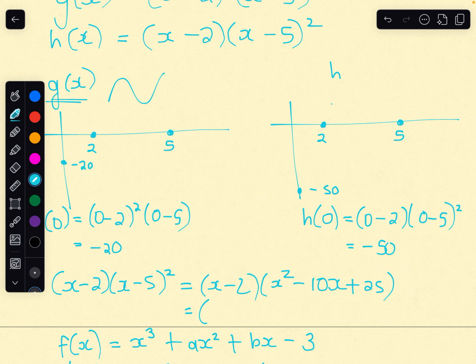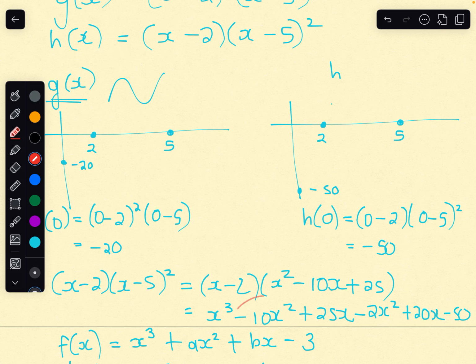Now if we multiply all of that out, x cubed minus 10x squared plus 25x, then multiplying by the minus 2, I have minus 2x squared plus 20x minus 50.